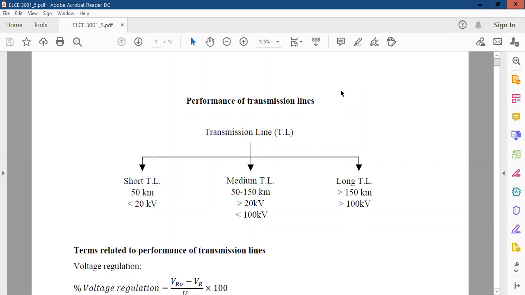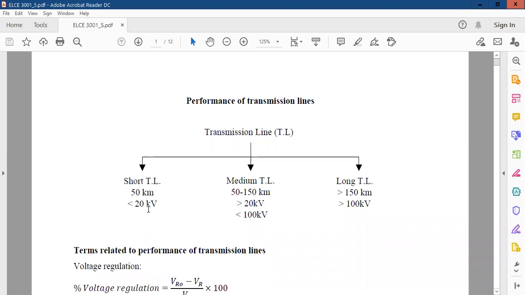Generally, we have to categorize transmission line into three types, based either on transmitting voltage or based on the distance. So we will have short transmission line up to 50 kilometers when the transmitting voltage is less than 20 kilovolt.